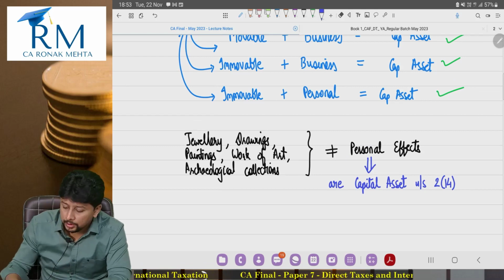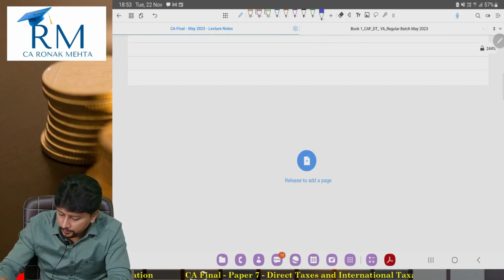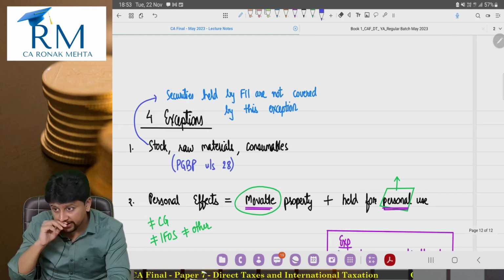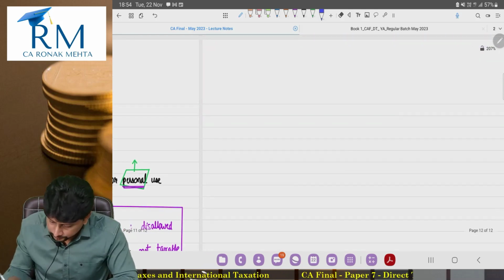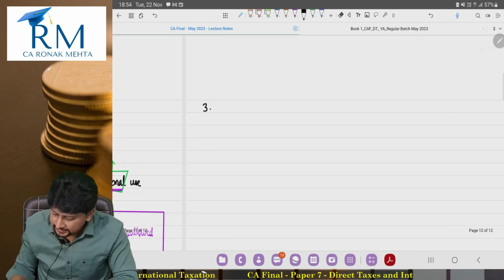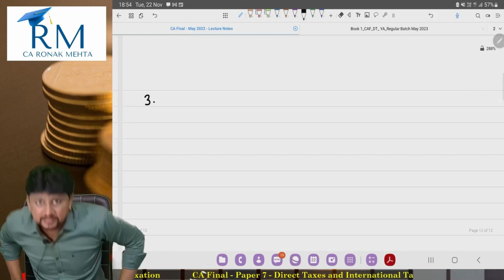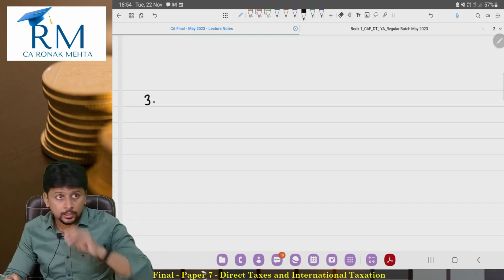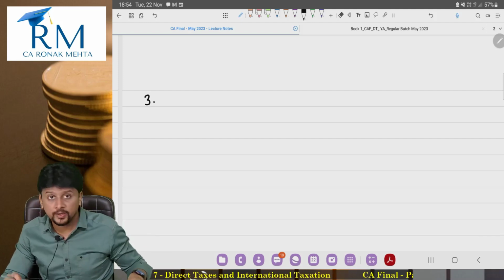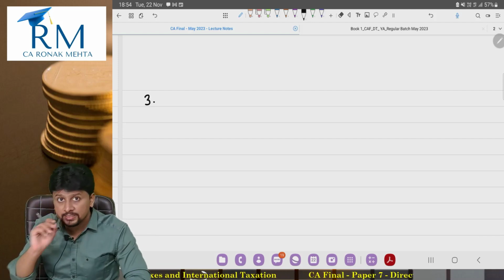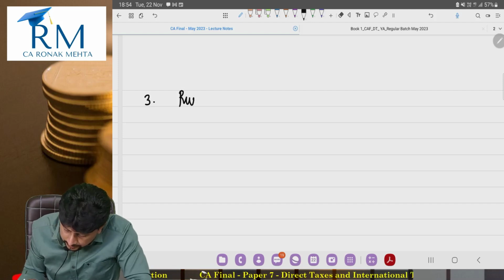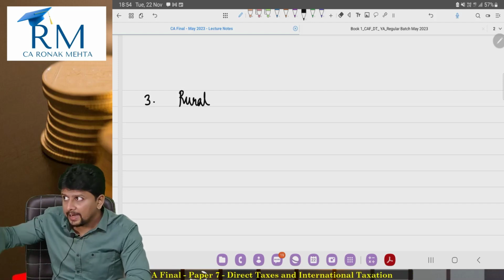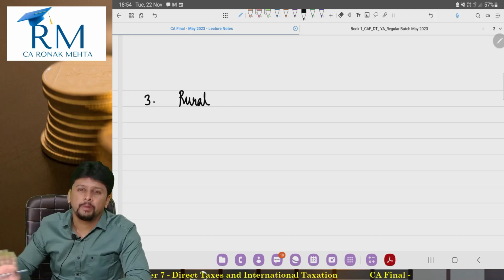Chalo, going ahead, we are doing 4 exceptions to the definition. Exception number 3, reasonably simple. Sometimes the institute asks this in the form of an MCQ. So please understand this carefully. Exception number 3, in the act it has been drafted in a very complex way.